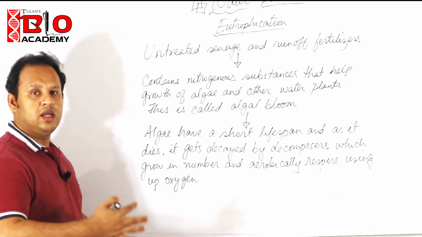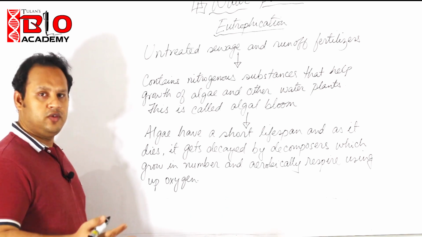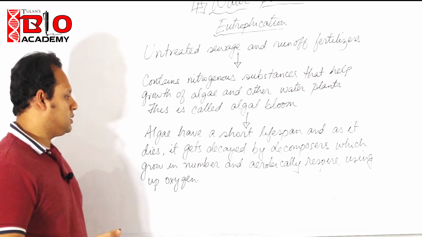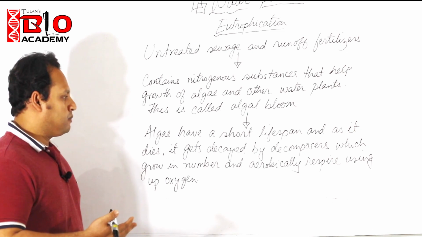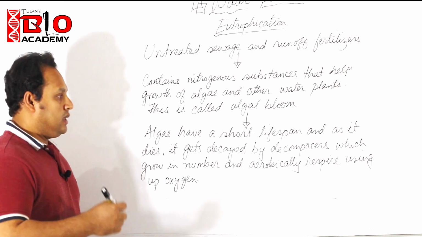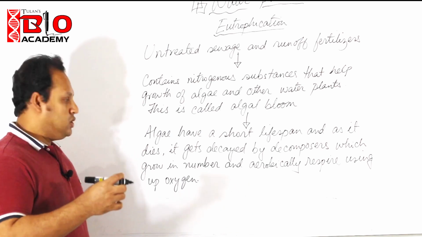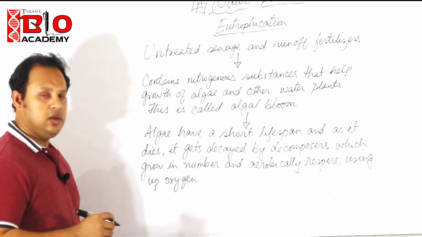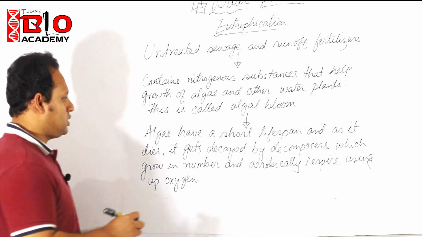So since there is an algal bloom, since there is a lot of algae, lot of plants, that is the reason why the decomposers are feeding on them, and they're growing in numbers, and when they do, they are aerobically respiring using up oxygen.